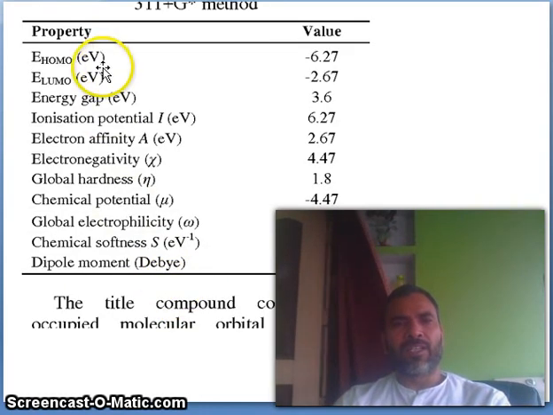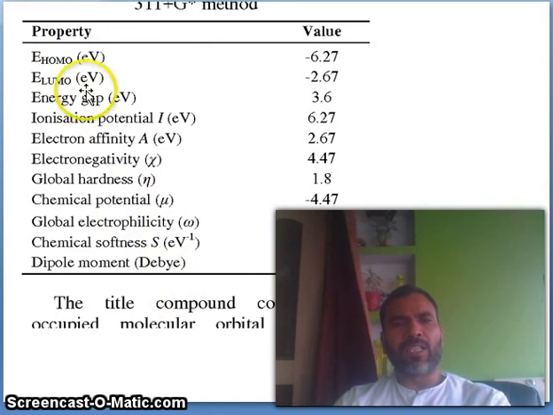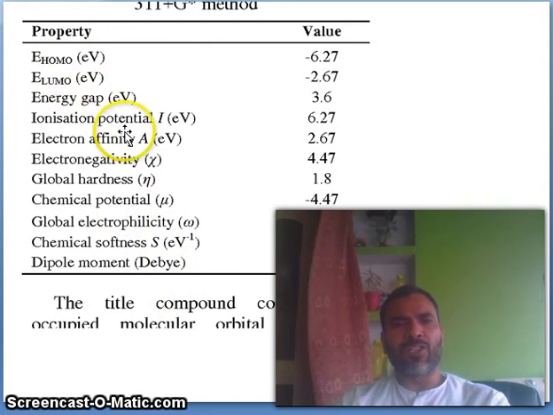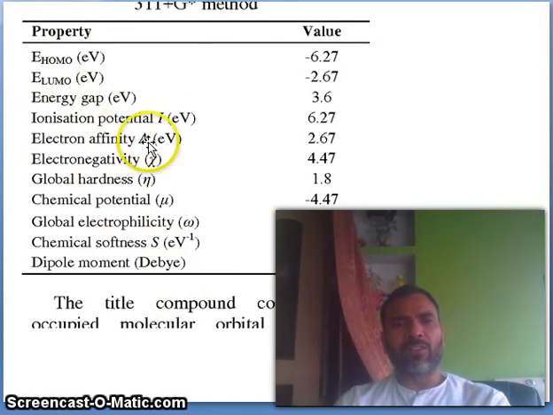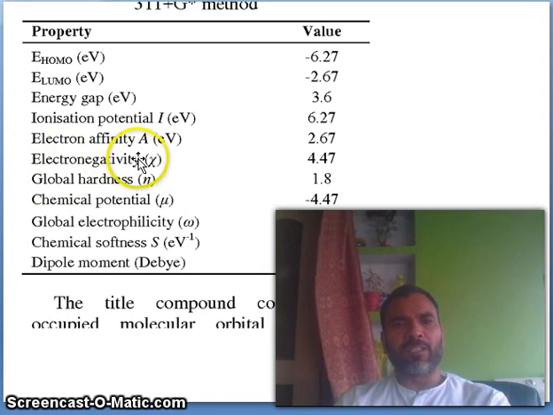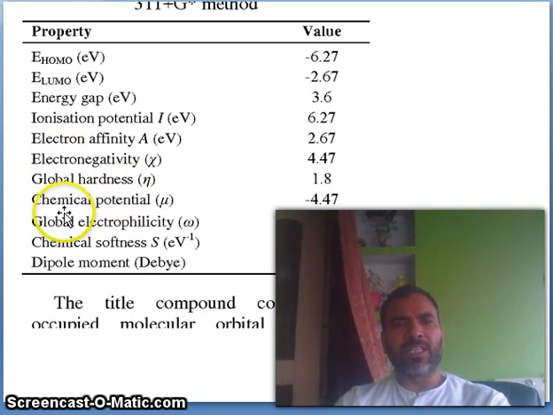You see, energy of HOMO, energy of LUMO, energy gap, ionization potential I, electron affinity A, electronegativity chi, global hardness eta, global potential mu, global electrophilicity omega, chemical softness S, and dipole moment.